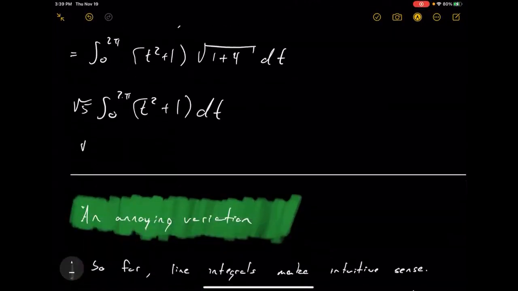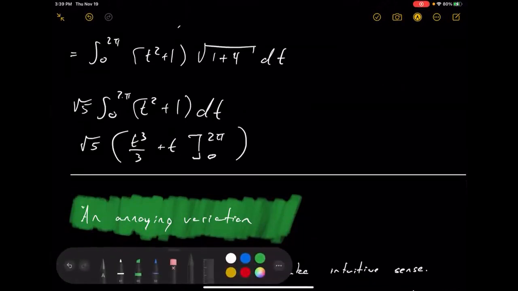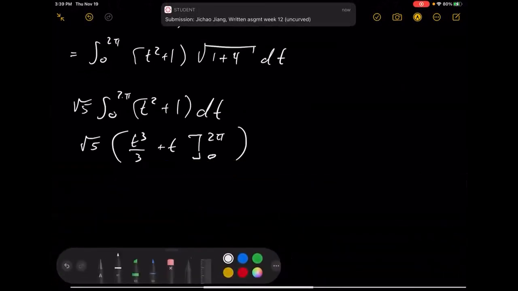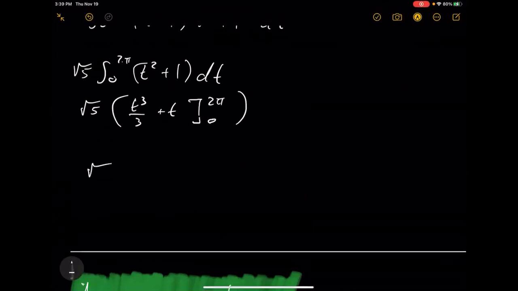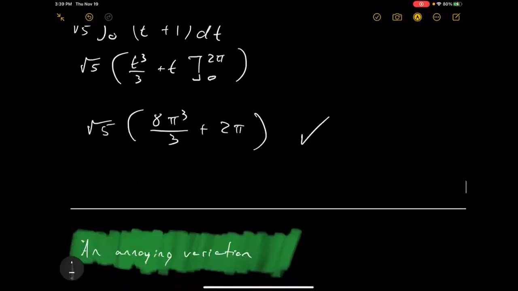That's an easy integral. From 0 to 2 pi. And that becomes what? 8 pi cubed over 3 plus 2 pi. Yeah, we're done. That should be the answer.